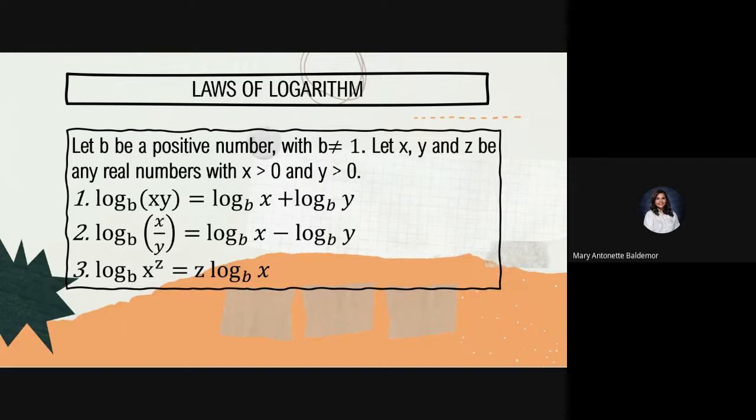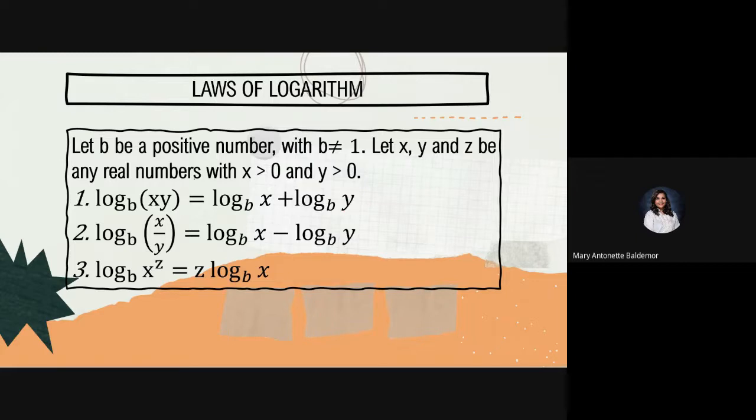Okay, for the laws of logarithm, let b be a positive number with b not equal to 1. We let x, y, and z be any real numbers with x greater than 0 and y greater than 0. So for number 1, we have the logarithm of the product of x and y with base b is equivalent to the logarithm of x with base b plus the logarithm of y with base b.